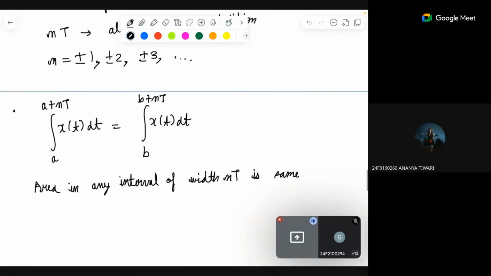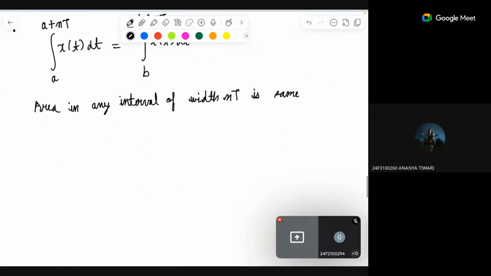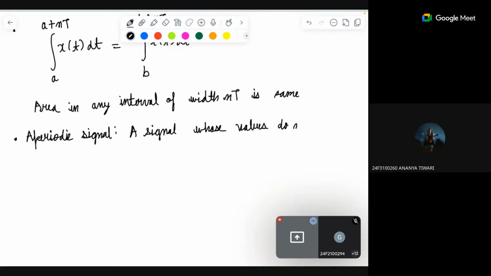Okay, so now the next thing is aperiodic signal. What is an aperiodic signal? It is a signal whose values do not repeat at any interval.